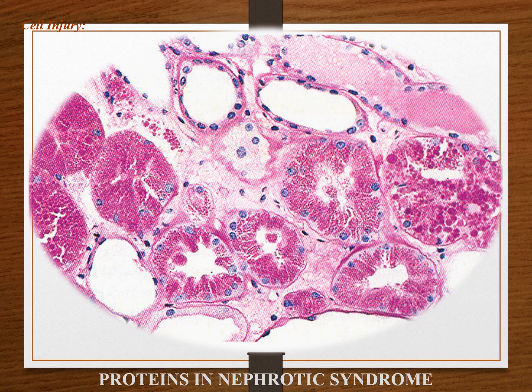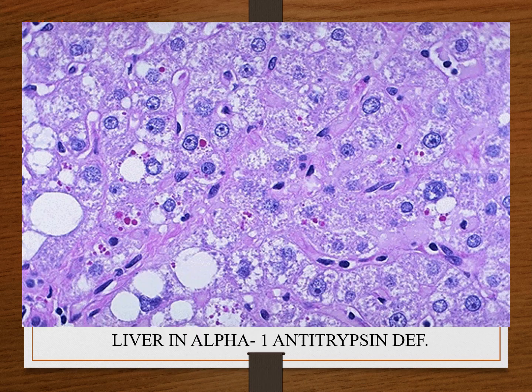This is a beautiful picture showing protein deposition in the nephrotic syndrome. And this is a beautiful picture showing the liver in an alpha 1 antitrypsin deficiency patient.